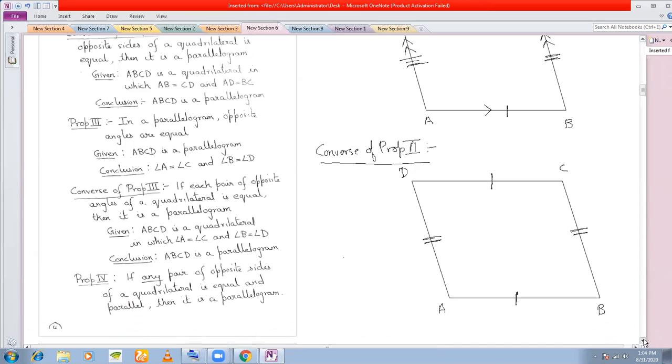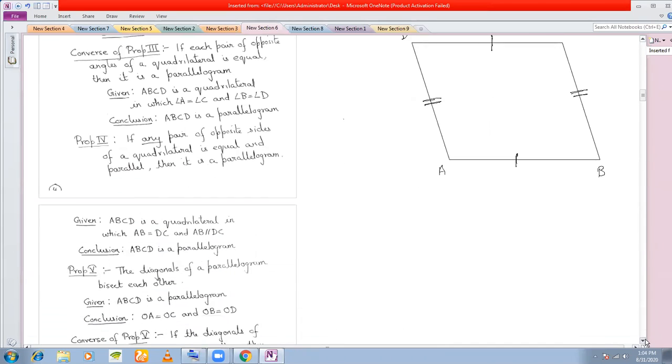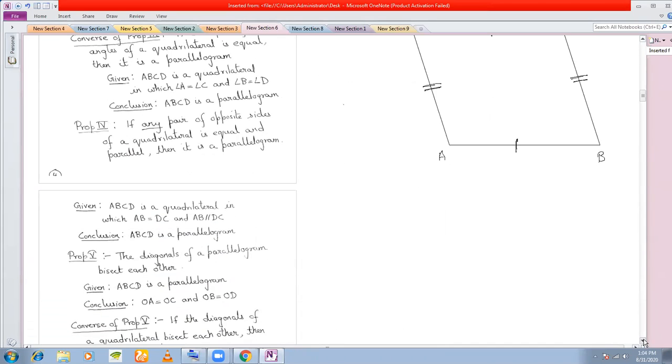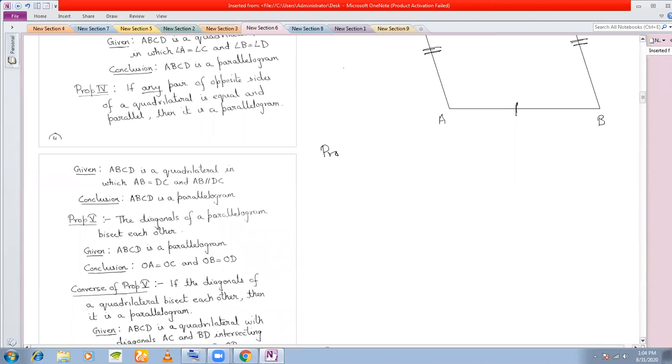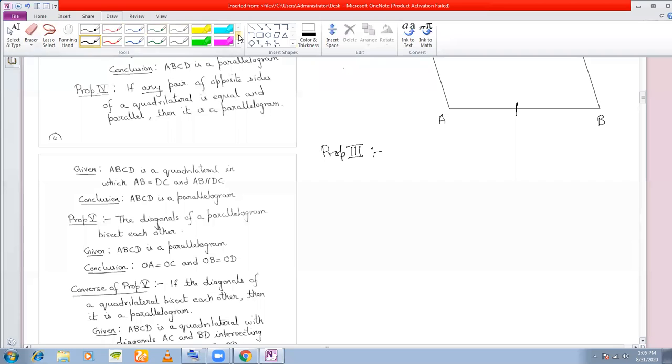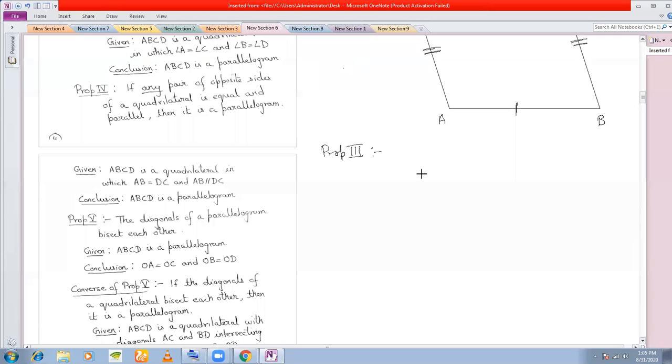Next, property 3. You have done this in your class 8 also, that if I give you a parallelogram ABCD, remember I have given you a parallelogram.